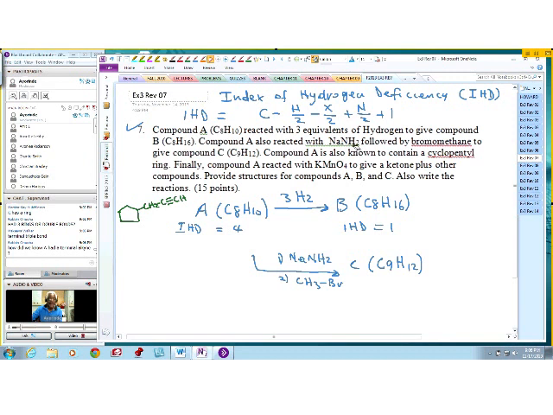Because of the reaction with sodium amide, followed by bromomethane. The sodium amide will react with a terminal alkyne. I was answering somebody's question, how do we know that compound A has a terminal alkyne? They now tell us compound A also reacts with potassium permanganate to form a ketone plus other compounds.